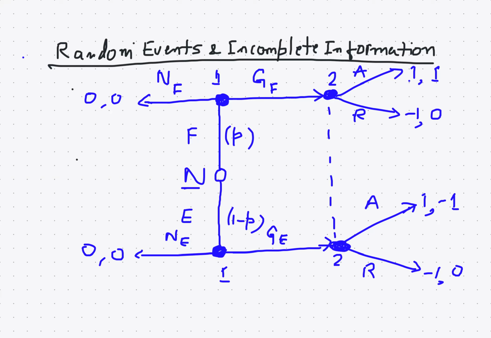Now, we'll be looking at solution concepts later on. But before we go there, I would like to convert this game into a normal form game. We are familiar with how to convert extensive form games into normal form games.